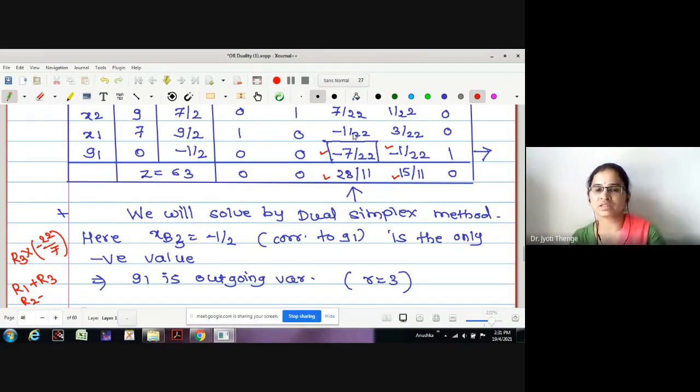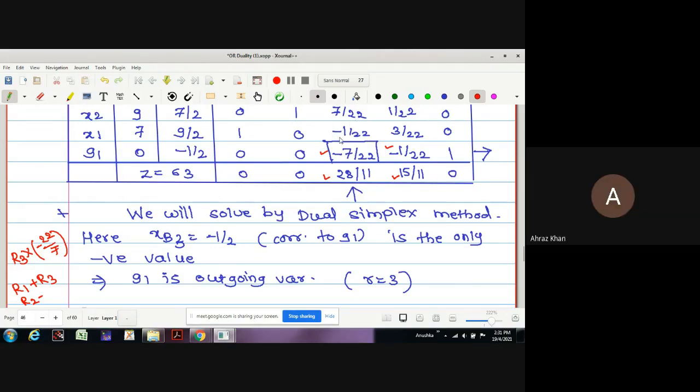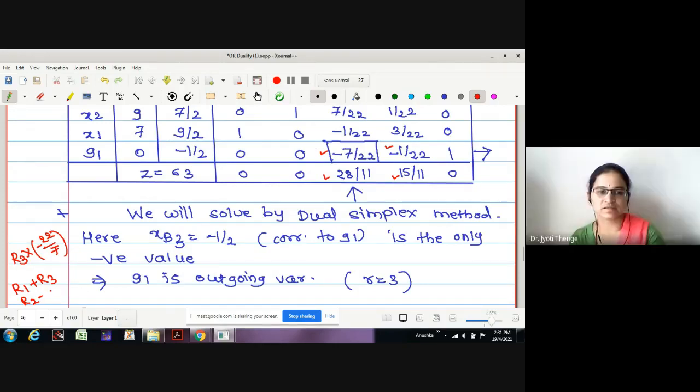Remember, converting this second row element, R3 upon 7. We will divide it by 7 and subtract it from this. What I am telling is, remember, while converting this element to 0, you should use only the row containing the pivot element.